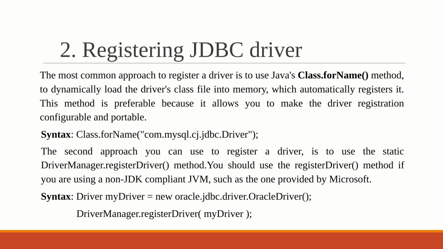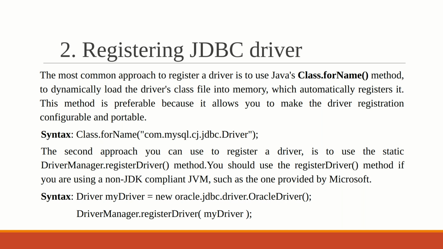Registering a JDBC driver. There are two different approaches for registering a driver. The most common, or the popular one, is Class.forName. In your source code, you write Class.forName, and forName as a method takes in the driver name. An example, if you're using MySQL, the driver name is com.mysql.cj.jdbc.Driver.